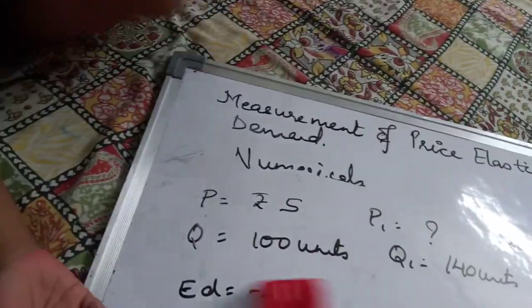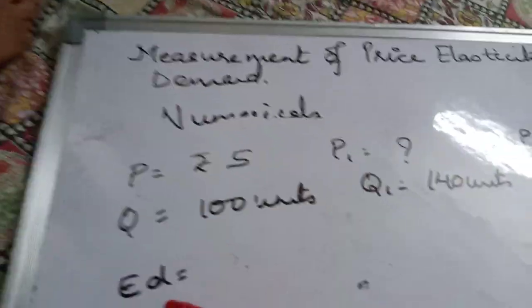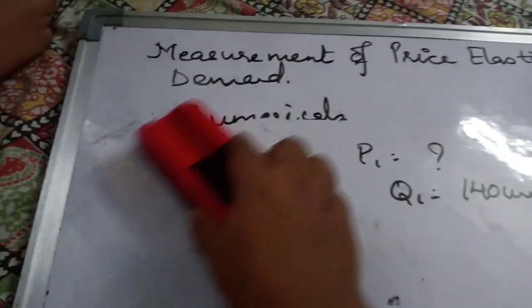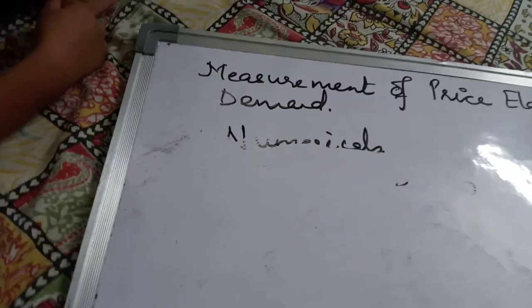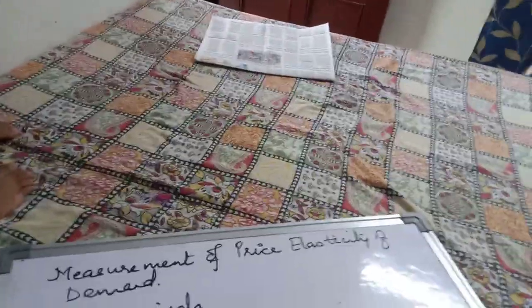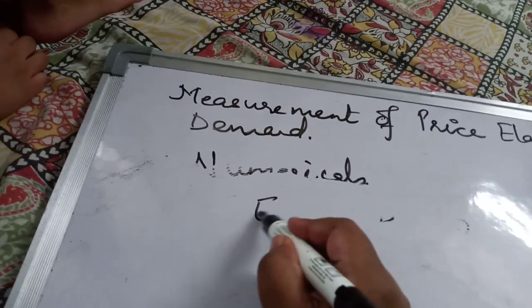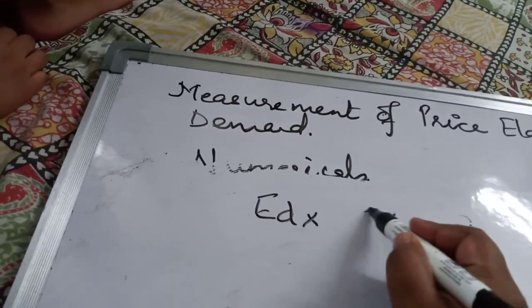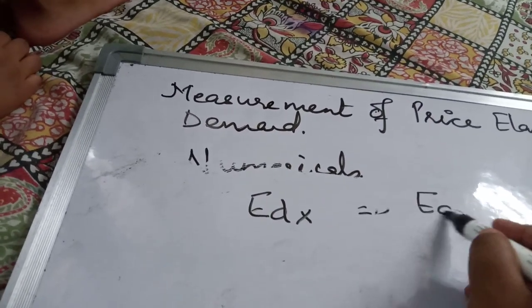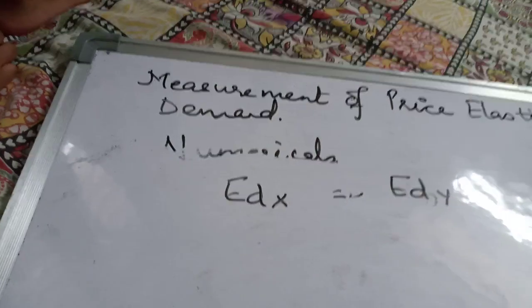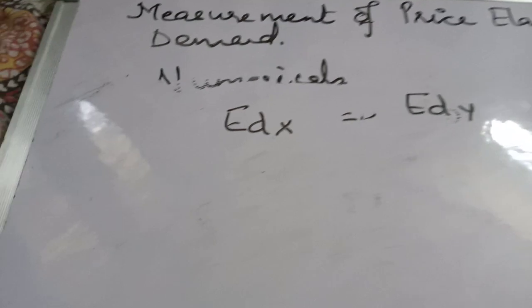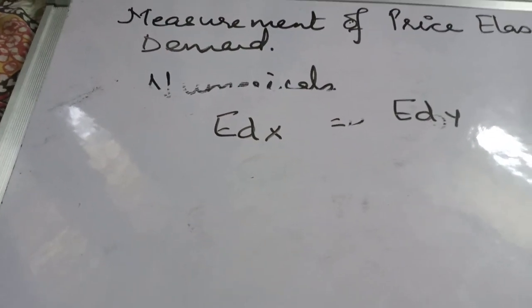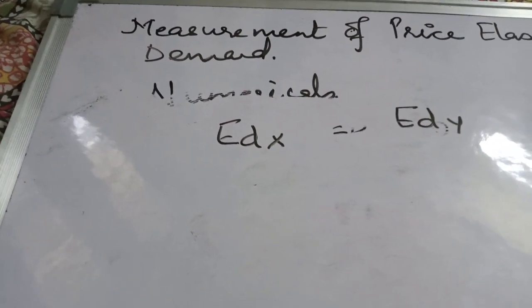See, they have told us that elasticity of demand of X is equal to elasticity of demand for Y. Okay, and the entire information of X is given.